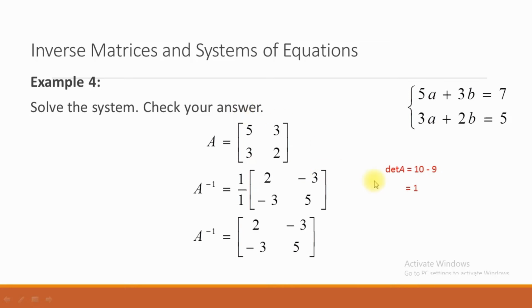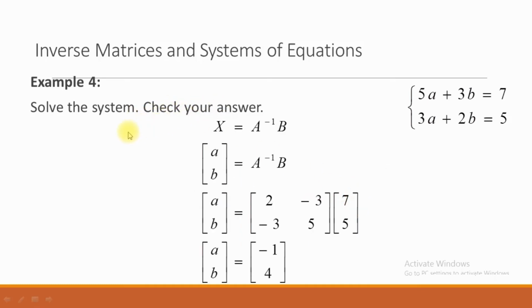This is the determinant, and to find the inverse we need the determinant and adjoint of the matrix. Change the places of this diagonal and change the sign of this diagonal. We obtain the adjoint of a 2 by 2 matrix easily. Now for the inverse, using the formula 1 over determinant times adjoint of A, the determinant is 1, and this is the adjoint of the given coefficient matrix A.